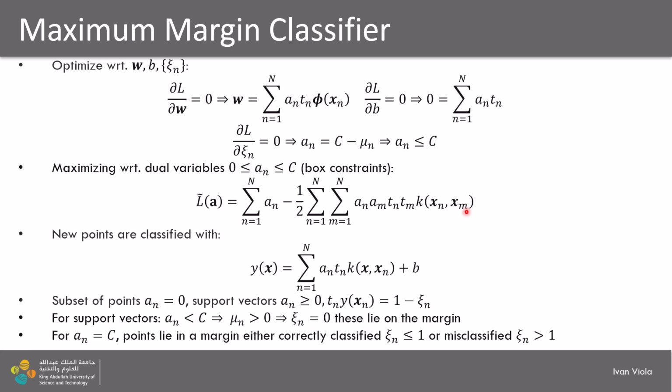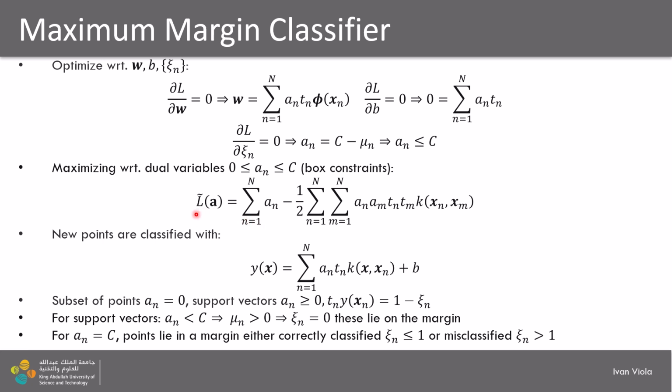And this is our Lagrangian formula, which we are trying to maximize. We are maximizing it by finding the appropriate vector an, which will maximize this formula.